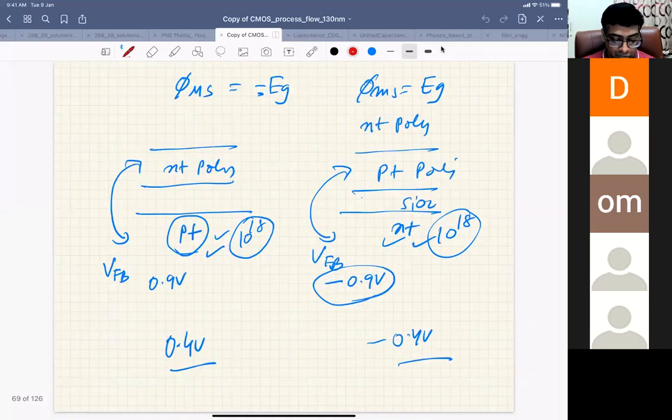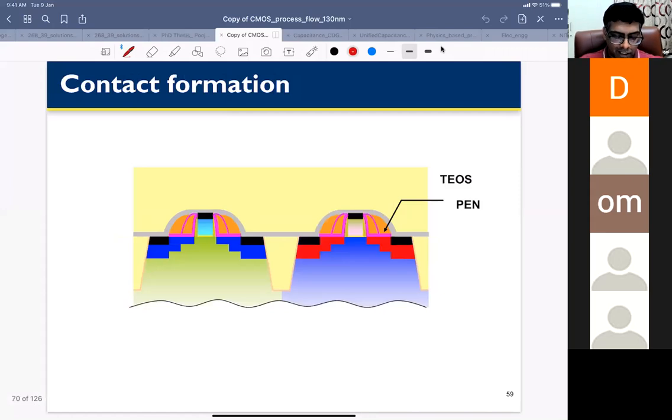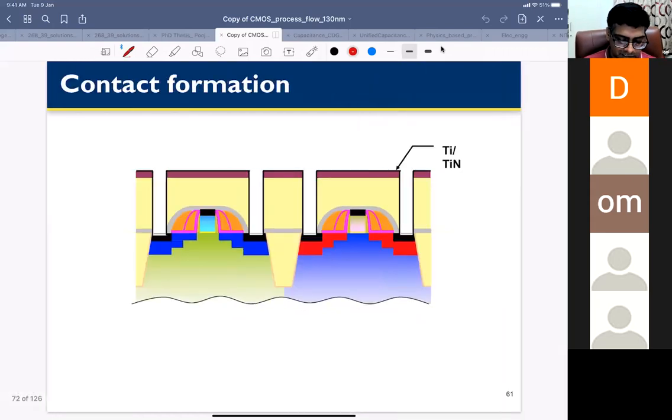All right. Once you have the silicide, the next step is the formation of contact. The contact will connect your device front end to the device back end. So basically, how is it done? Once you have your silicide, you deposit an oxide layer.